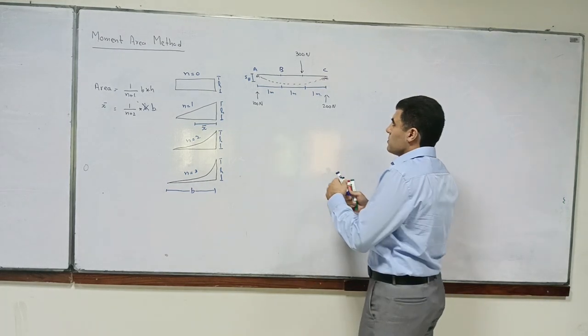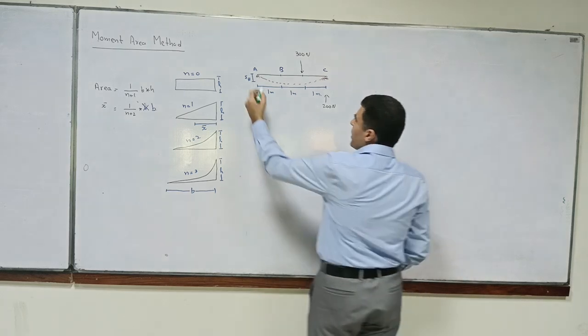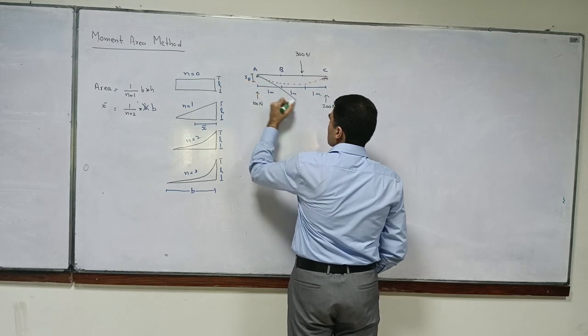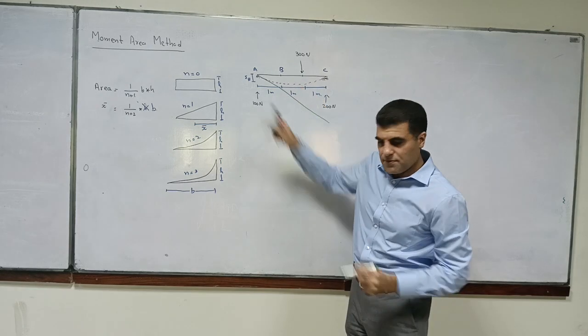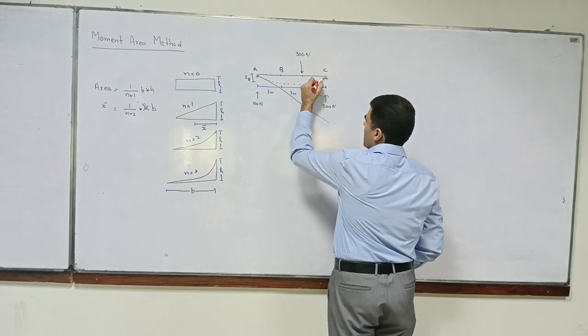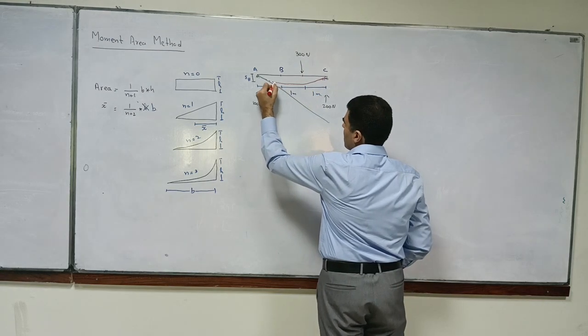Now, what we can do is draw a tangent over here. This is our elastic curve. Let me not draw it as a dashed line; let me make it solid.